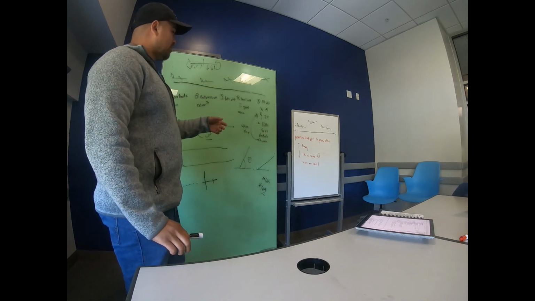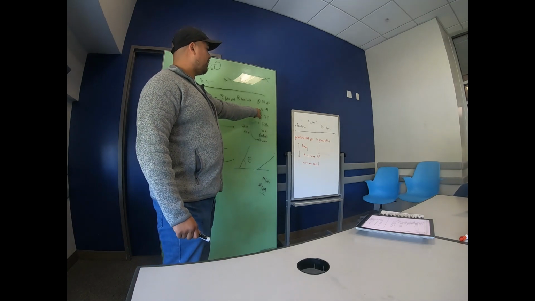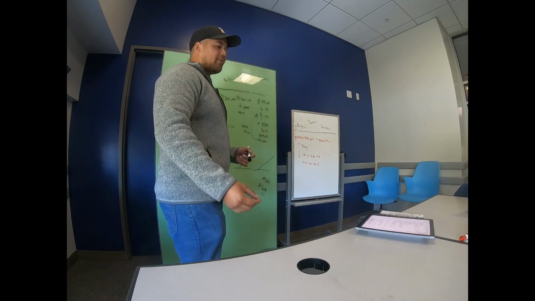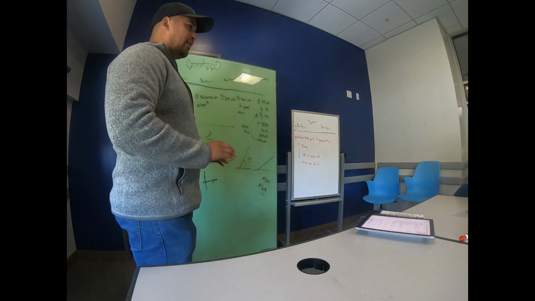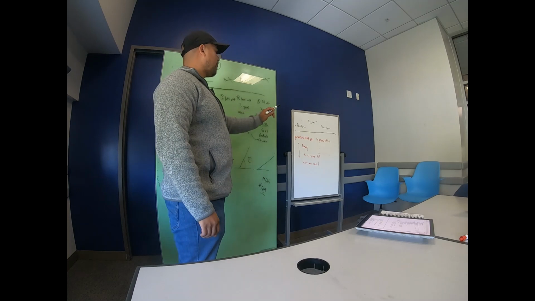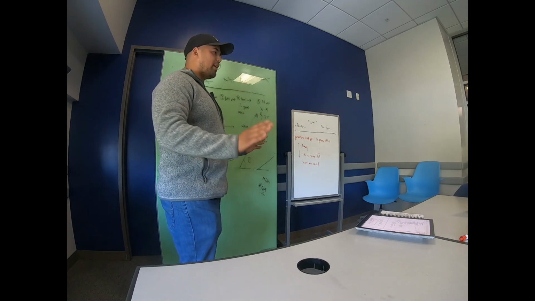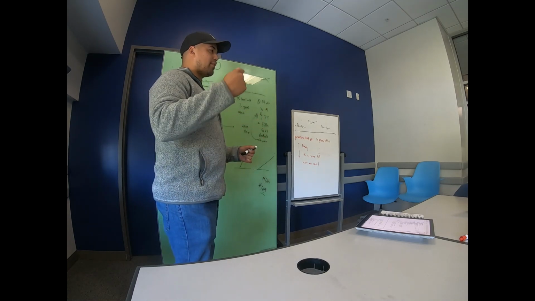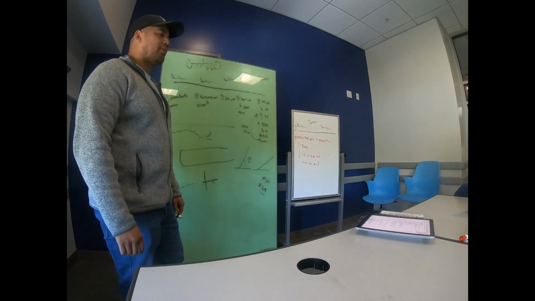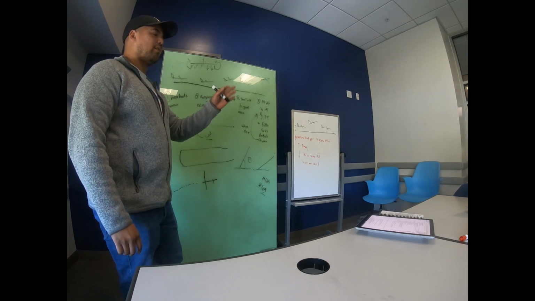Once you clear the obstacle, pitch for Vx or for Vy. The safe speed to retract flaps is over 60 knots. Vx already guarantees you that. Then you can retract your flaps. Now you've cleaned up the aircraft and you're good to climb.